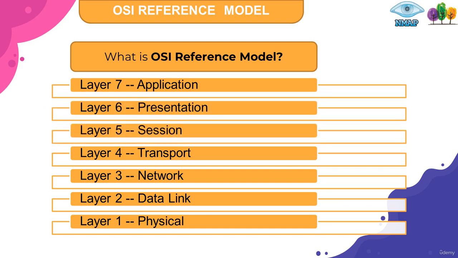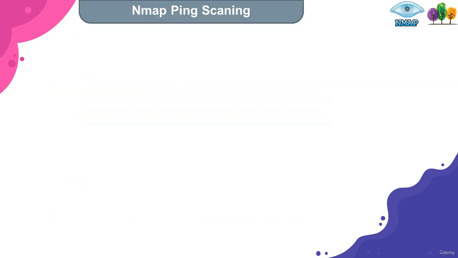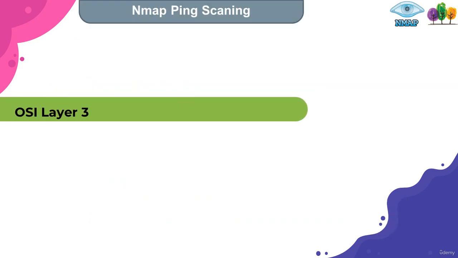Layer 5, session. Layer 4, transport. Layer 3, network. Layer 2, data link. And layer 1, physical. For now, we'll leave these layers here, though throughout the course we will discuss OSI additions when we get to them in related topics.